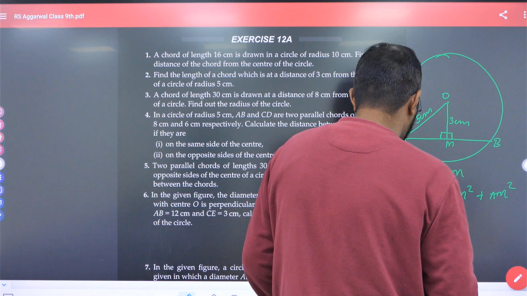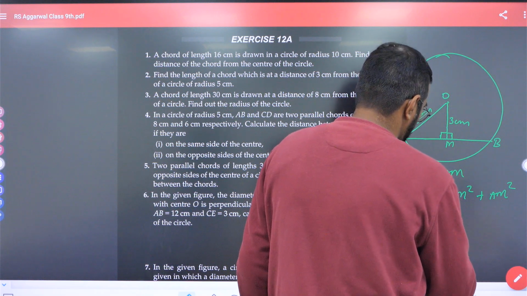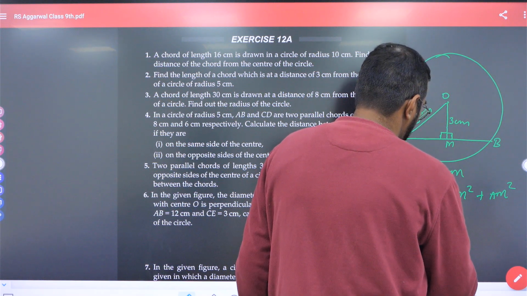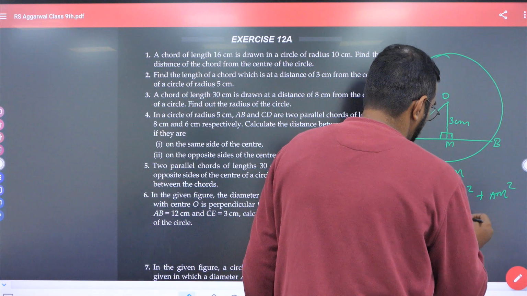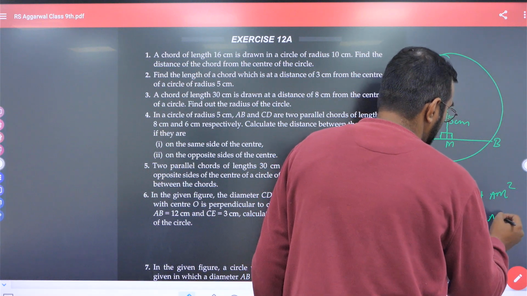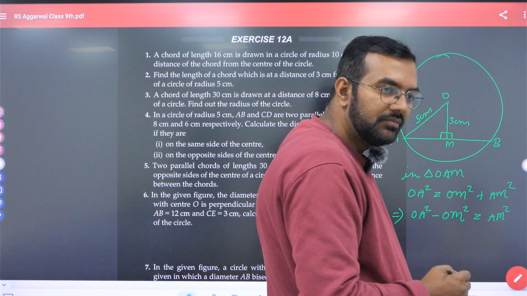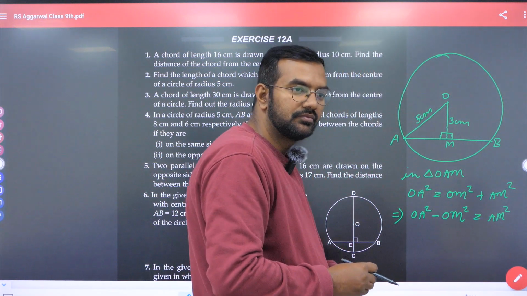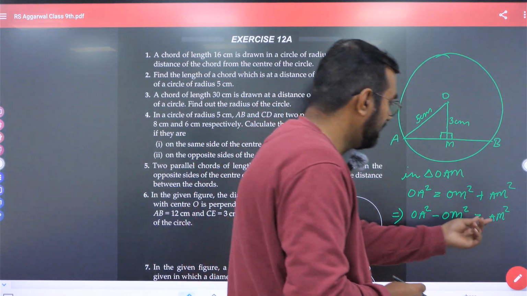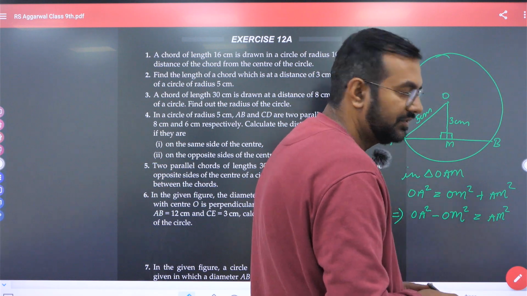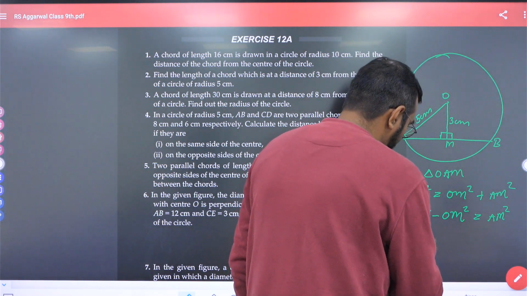So first separate AM one side, then put values. OA square minus OM square is equals to AM square. Why we have separated AM? Because we have to find the value of AM. That's why we have separated it one side.